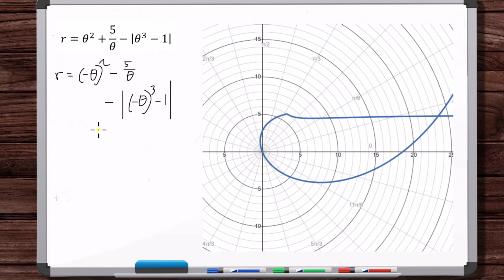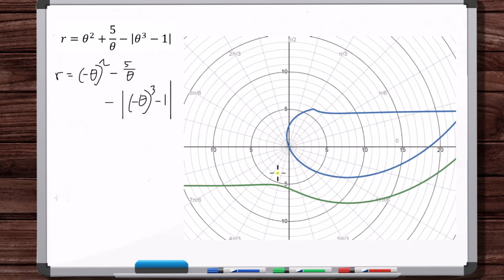Let's see what this graph looks like. So remember, the idea is we're taking every r theta point, and here we're turning it into r minus theta, which if you remember from the Cartesian coordinate system, that's flipping about the r axis. If you take every x y point and do x minus y, you're flipping about the x-axis. You're going from above the x-axis to below, or vice versa.